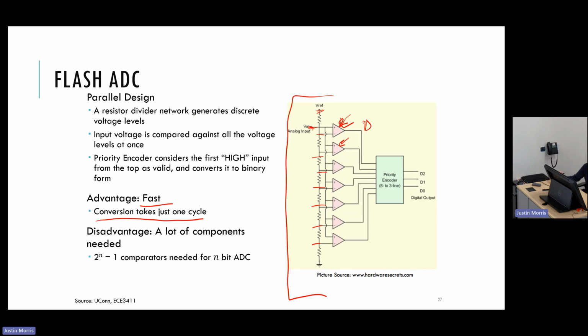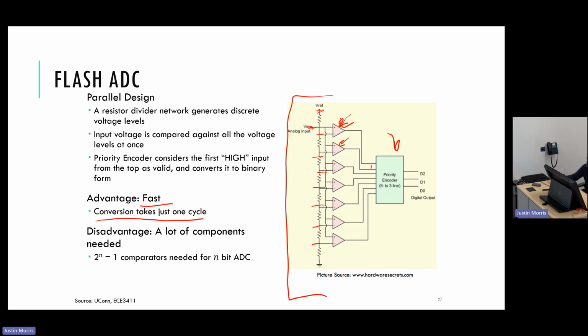If it's lower, it would be a 0. So basically what this block is going to do is find which one of these bits is the highest bit. Okay? Because if that one is 1, all the ones below it are 1.